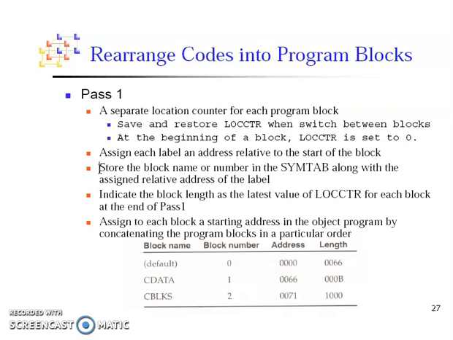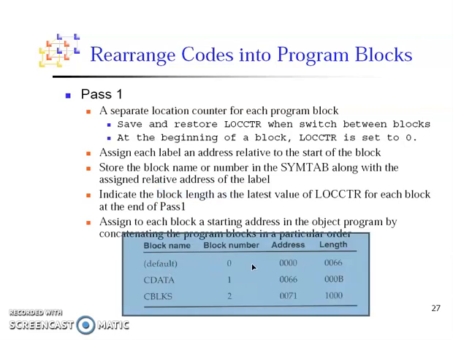It stores the block name or number into the SYMTAB along with the relative address of the label. Then it indicates the block length as the latest value of LOCCTR for each block at the end of pass 1. It assigns to each block a starting address in the object program by concatenating the program blocks in a particular order.